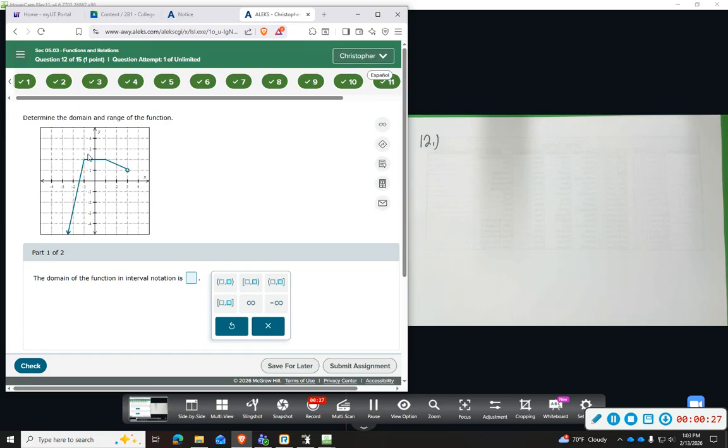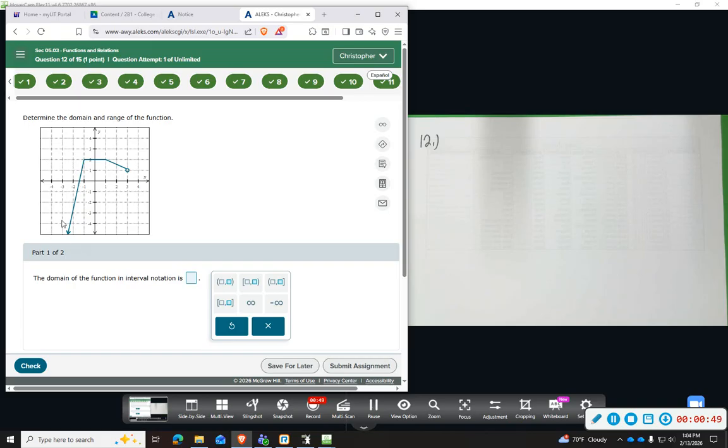Now, notice the graph cuts off, but this arrow indicates that it continues going. So it's going to continue going down and leftward. But as far as the domain is concerned, I'm only focused on one direction, left and right. So this graph is going left. At the same time, it's going down, but left is what I'm focused on.